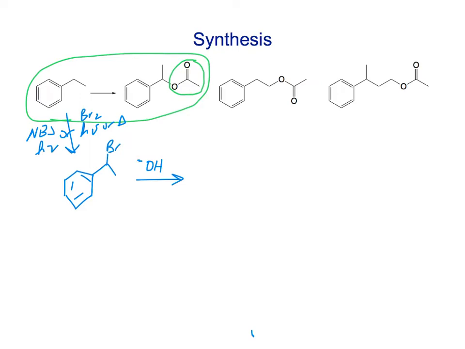Would essentially do an SN2 substitution, right? Or we could probably use just water and heat too. So this would be an SN2 substitution. Because it's at the benzylic position, we could probably do this as an SN1 substitution as well. Okay? All right, so we substitute that bromine for an alcohol.